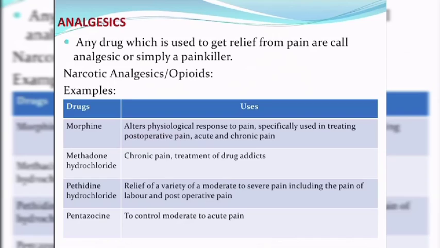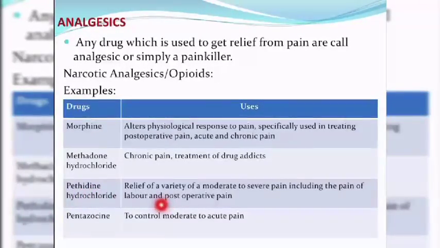Methadone hydrochloride is also used for chronic pain, and it exerts sedation and antitussive, that is cough-suppressing, properties, and is used for temporary maintenance and treatment of drug addicts. Another example is pethidine hydrochloride.